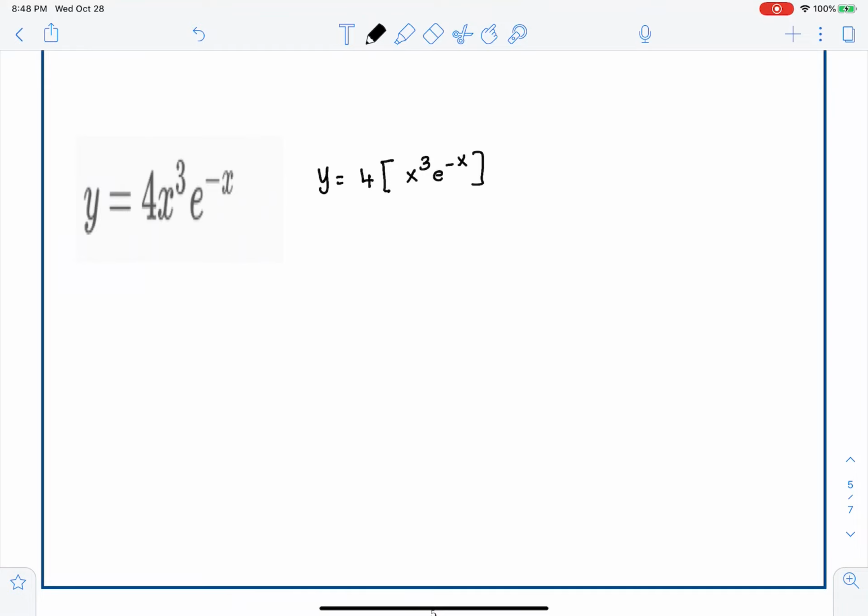So to find y prime, we must have the derivative of x cubed e raised minus x with respect to x.